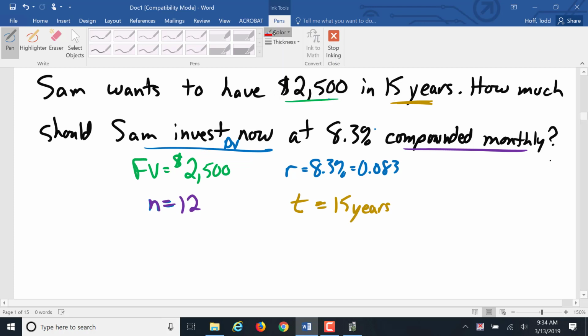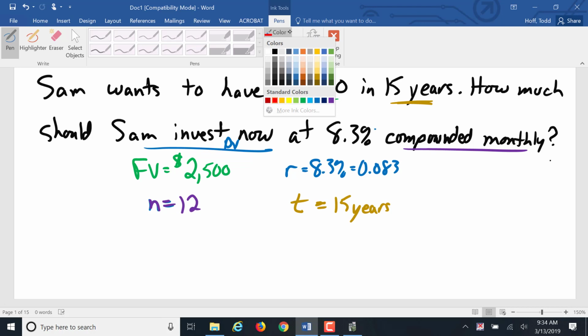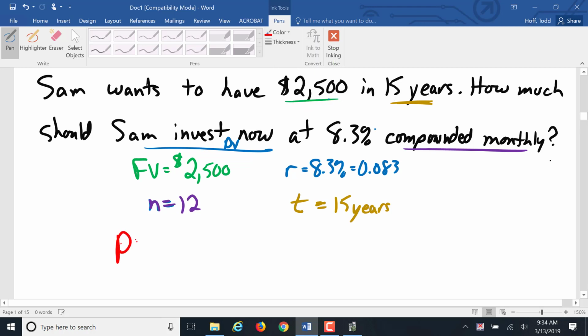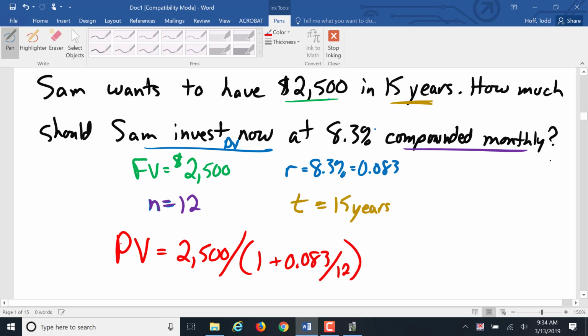So to make our formula, we're looking for that present value required. We're taking our future value of 2,500 divided by, open parentheses, 1 plus 0.083 divided by 12, close parentheses, to the power of 12 times 15. Now again, I would typically multiply this out, get 180, but we can enter it like that if we wanted to.